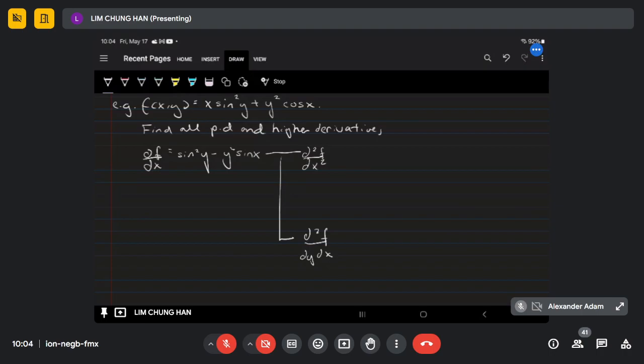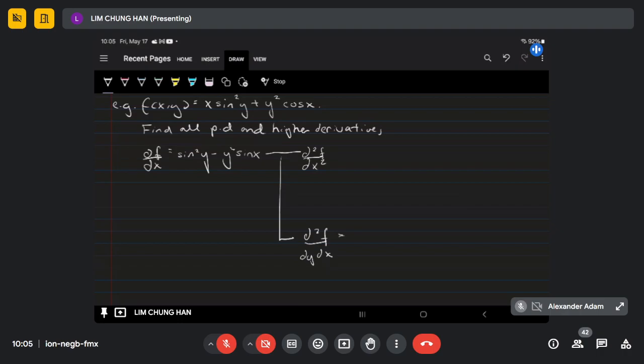Okay, give me the x squared, I won't bother. Give me the bottom one, d squared f dy dx. What's the answer? Anyone? Who has done it? Can I get the answer, please? Someone, quickly.